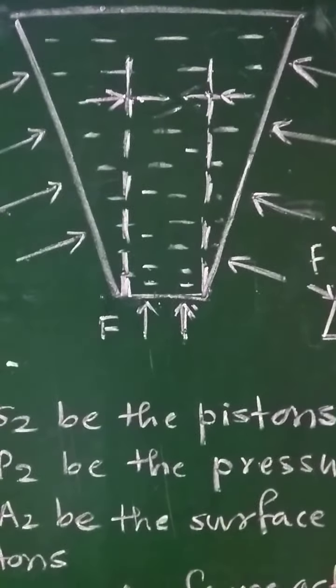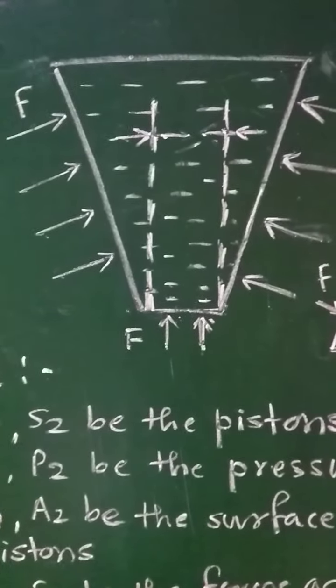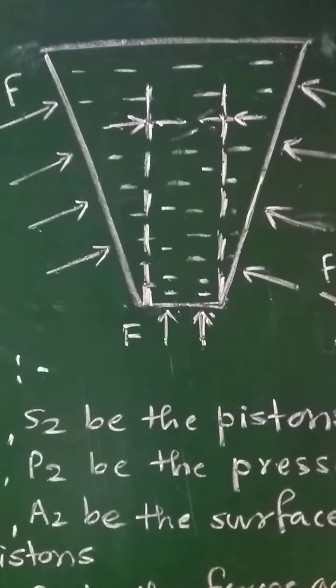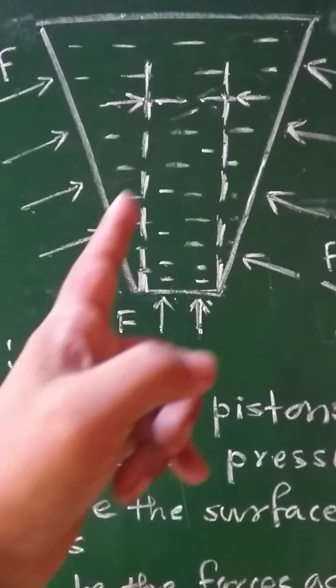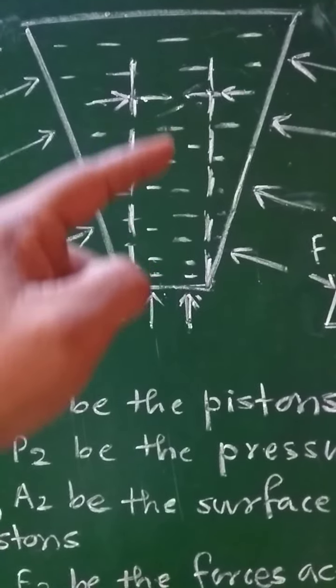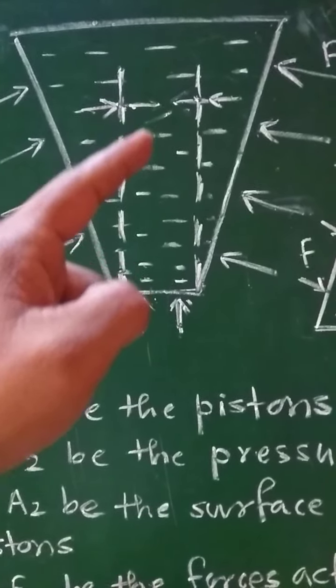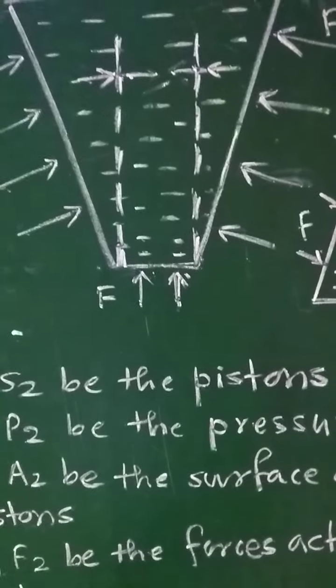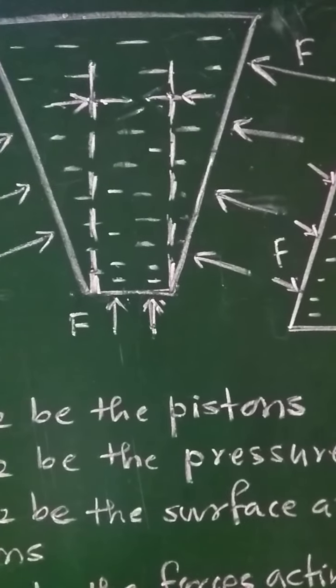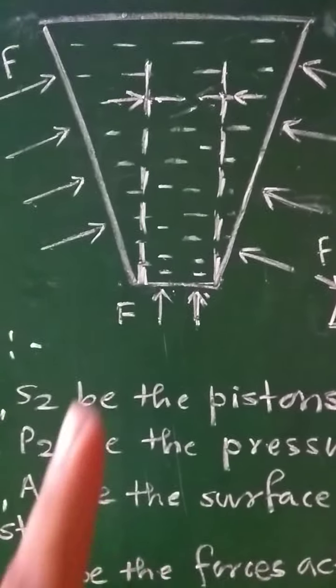That means the resultant force acting on the base will be the subtraction of this upward force from the downward force, the weight of the liquid contained in that vessel, and therefore the resultant force will be decreased, and that will be equal to F.